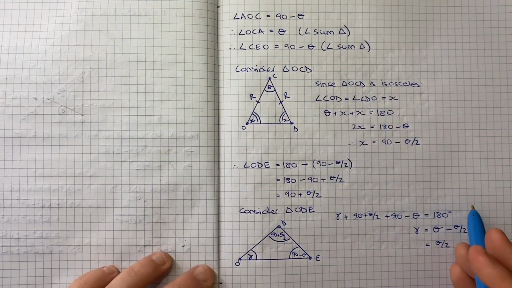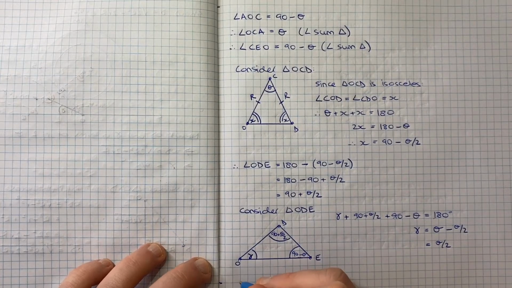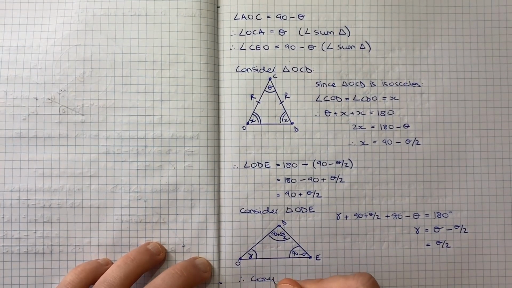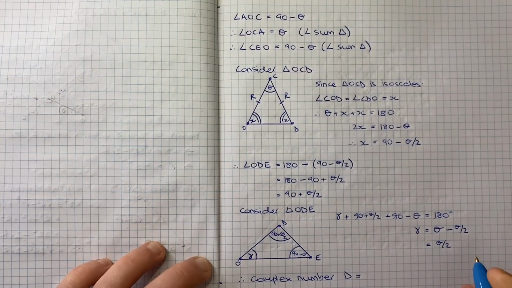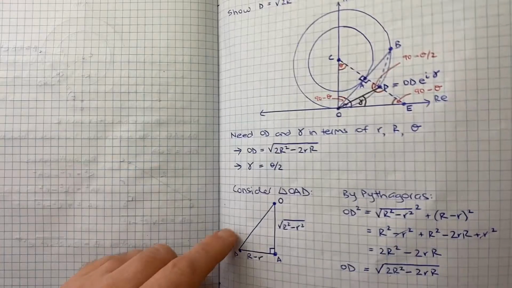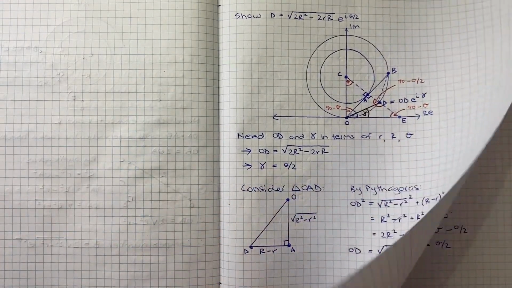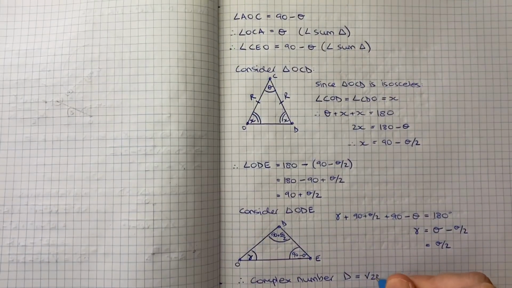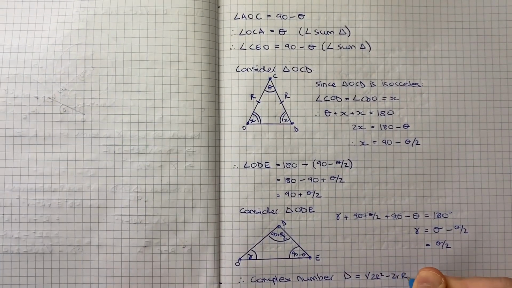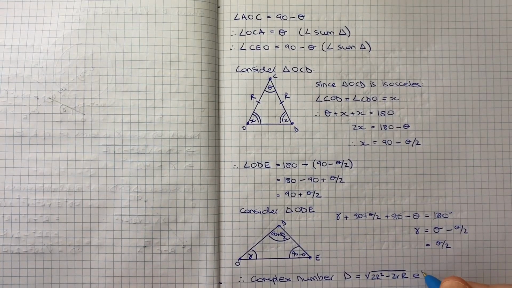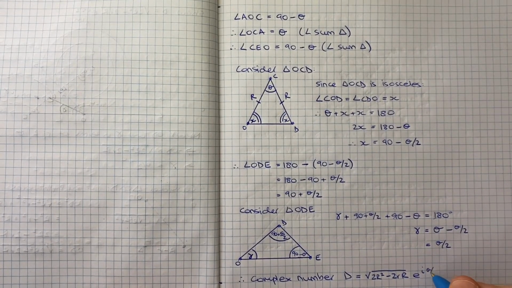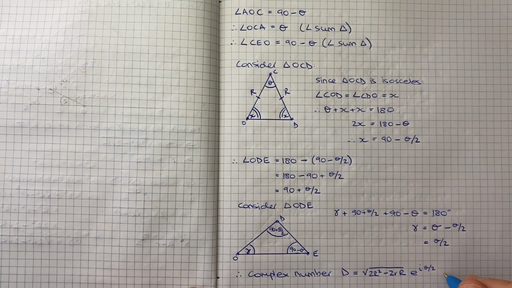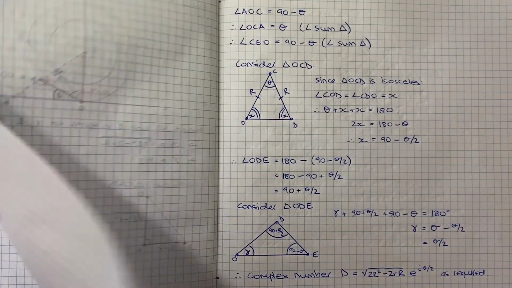So we can conclude now, therefore the complex number D is equal to OD, which we worked out as the square root of 2 capital R squared minus 2 lowercase r capital R, e to the i gamma or theta on 2, and that is as required. That's exactly what we were being asked to show.